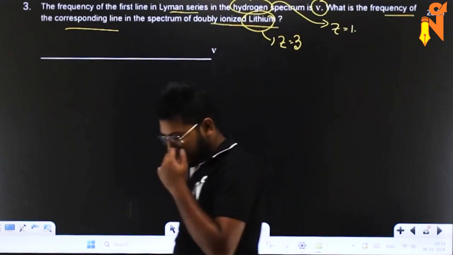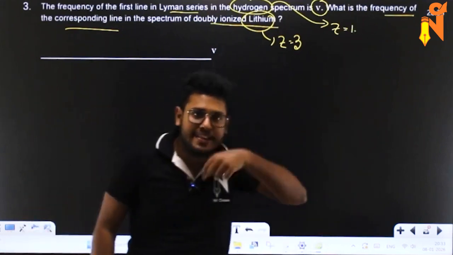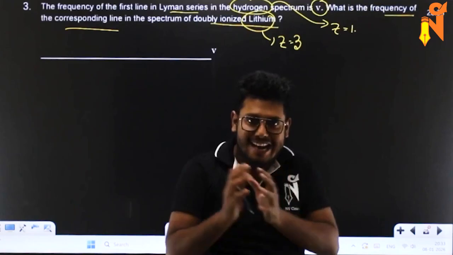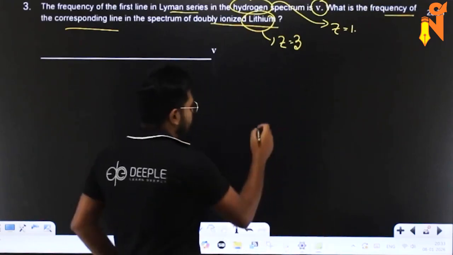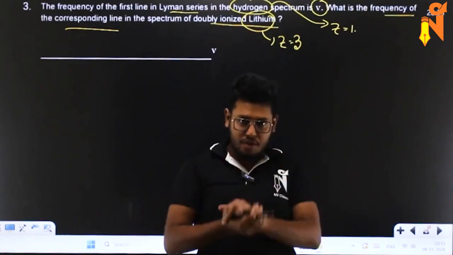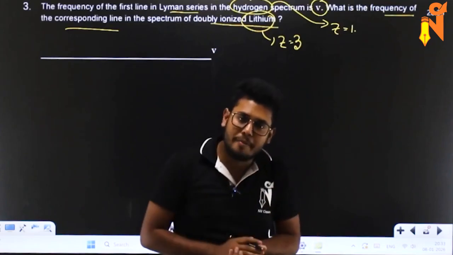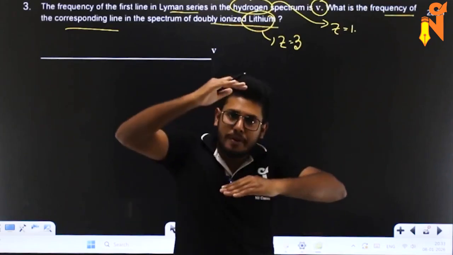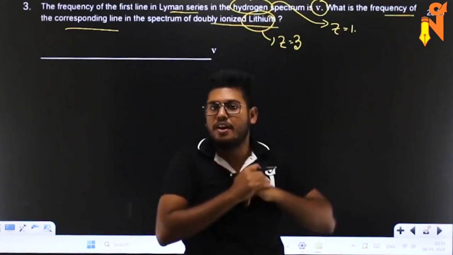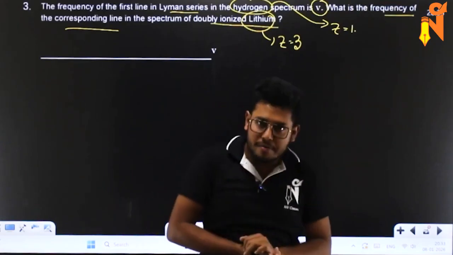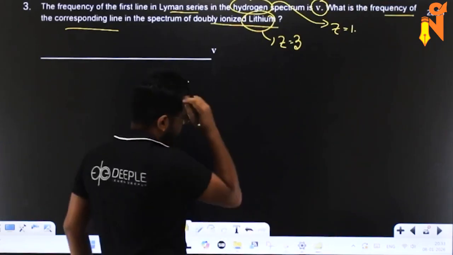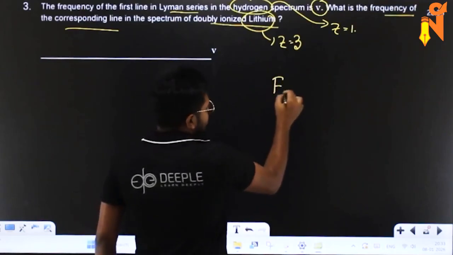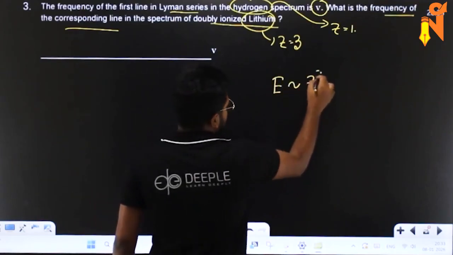Now you know the energy of the jump is directly related to the Z value. The farther the orbit, the stronger the jump, the more energetic the photon will be. You do not need to calculate it very clearly. Energy is related as Z square over n square.